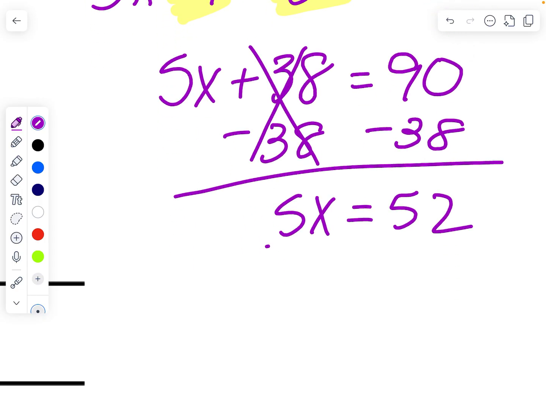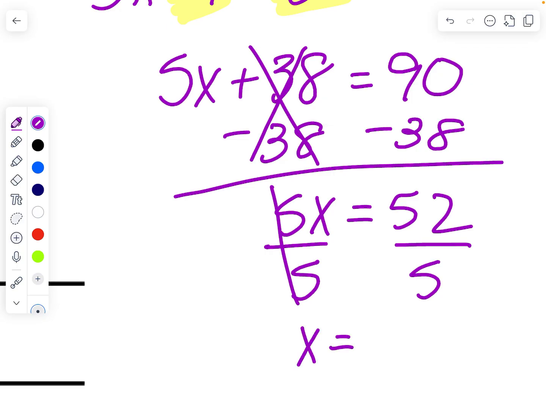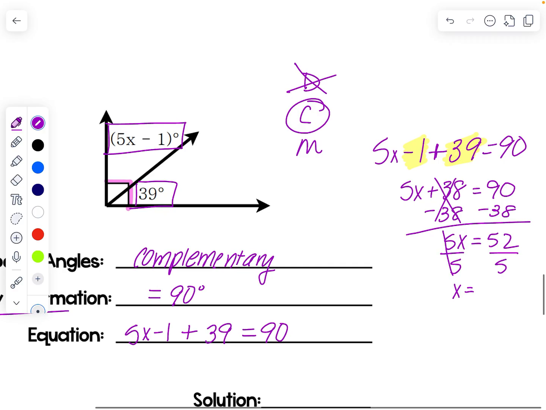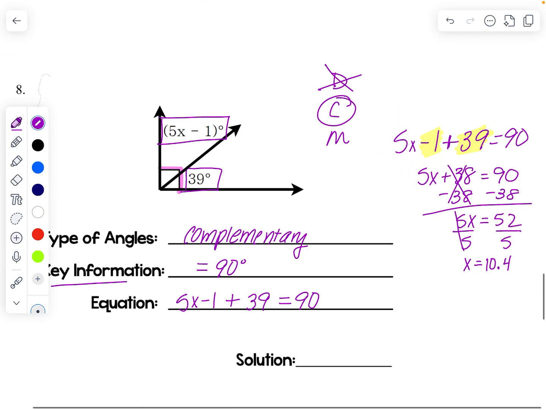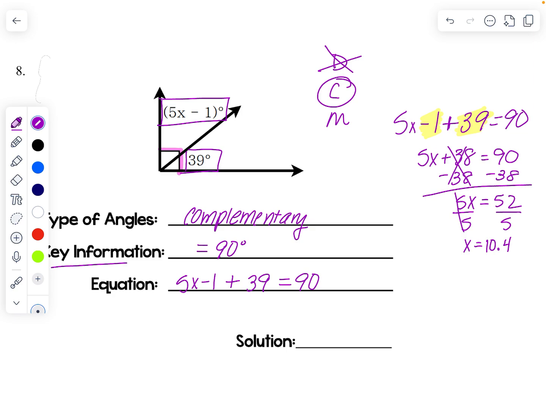We're going to divide both sides by 5. Cancel this out, bring down our x. And then if we divide 52 by 5, we're not going to get a whole number, but we will get 10.4. Okay? All right, so that's our answer. X equals 10.4.